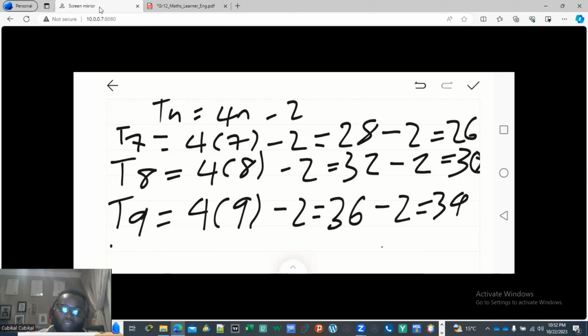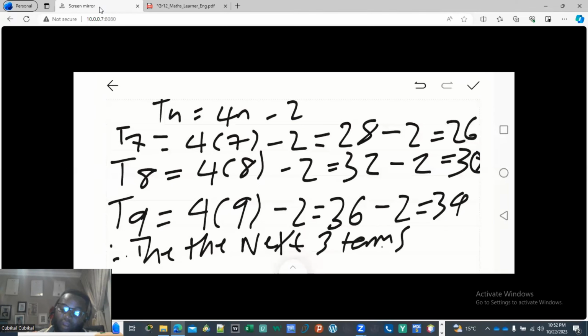So you need to write that, therefore, the next 3 terms are, then you write them down. It's 26, it's 30, and it's 34. Those are the next 3 terms.